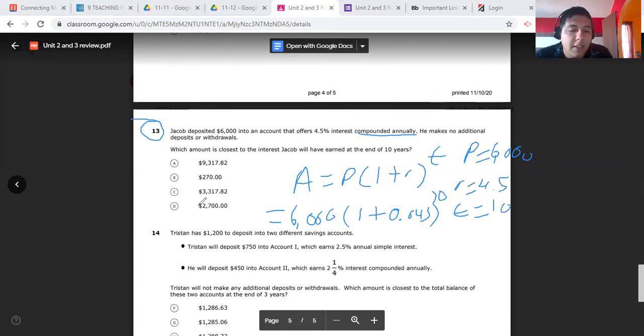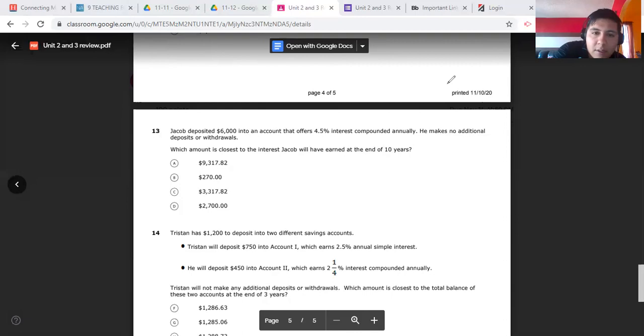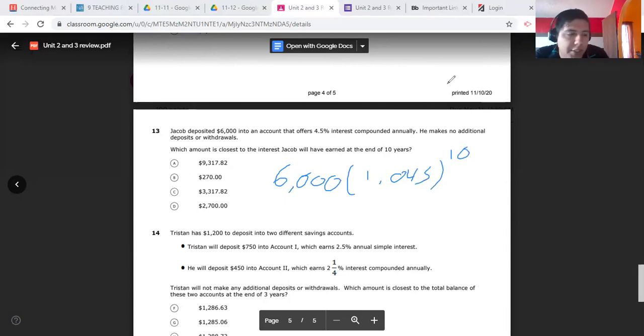All right, so to solve this, we're going to add 1 plus 0.045. And with our order of operations, we need to raise this to the power of 10.